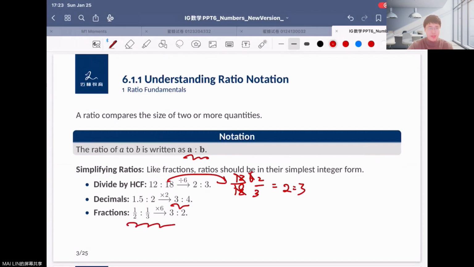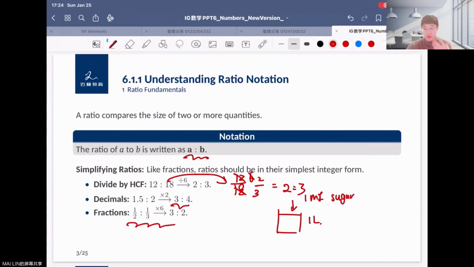So we can consider maybe we have a milk tea, and you want to add some sugar into this. Maybe we have 1 liter of milk tea in your cup, and you add 1 milliliter of sugar, so maybe it will be tasty.